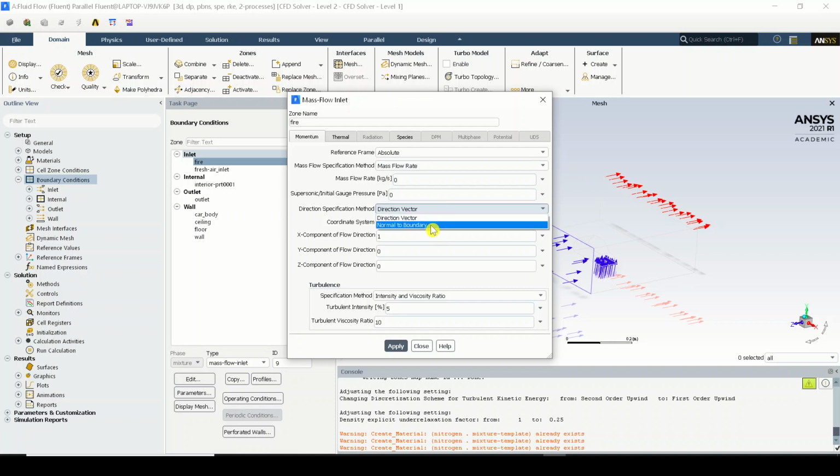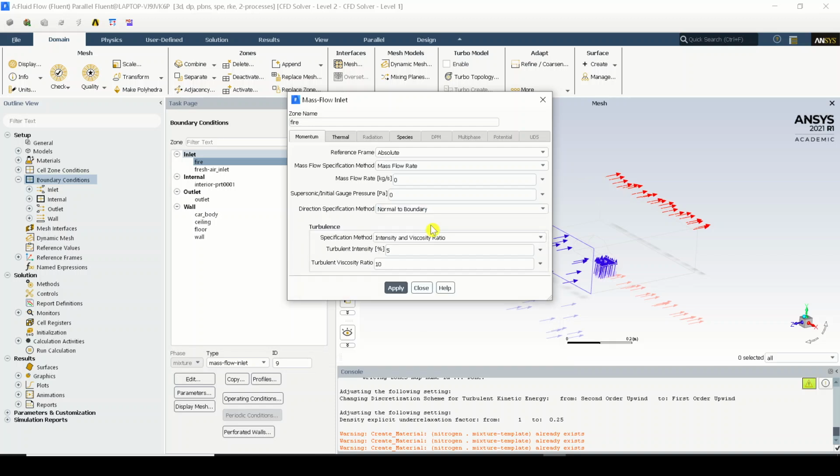Just go to the direction and click on normal to the boundary. Now for realistic cases, your dimensions of the model will be in meters, say for example 7 meters or 6 meters wide, but I have just reduced it drastically. So I'll be going with very small values, say for example 0.001 kg per meter second, kg per meter, I mean sorry, kg per second, really sorry.